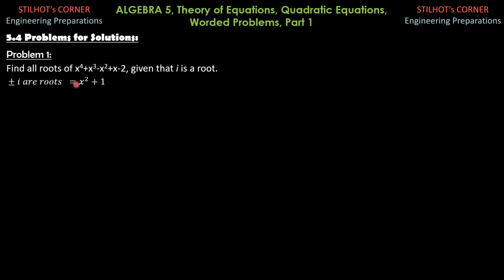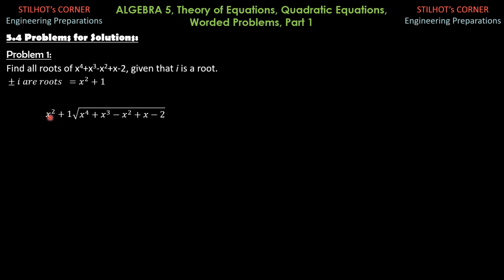Then having expressed the roots plus minus i in algebraic factored form, we can divide the given polynomial to find the other roots. By long division, we write the polynomial, then divide it by x squared plus 1 to determine the quotient.